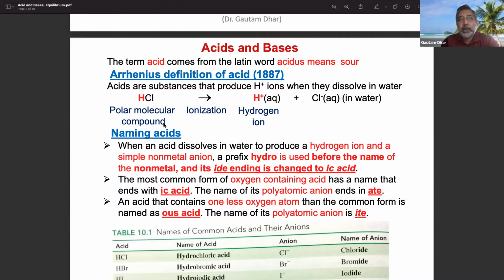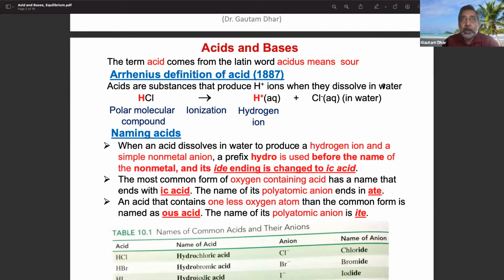We worked with it, but later other definitions came in to make it more robust, more inclusive of other compounds, and also took away the presence of water. So you can now define acids in the absence of water. So that is the Lowry and Bronsted definition.